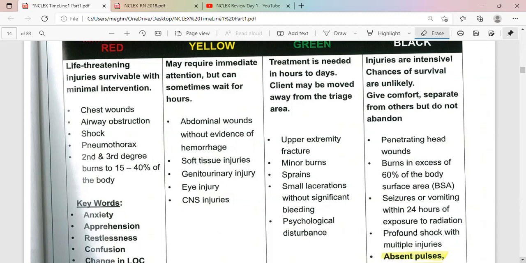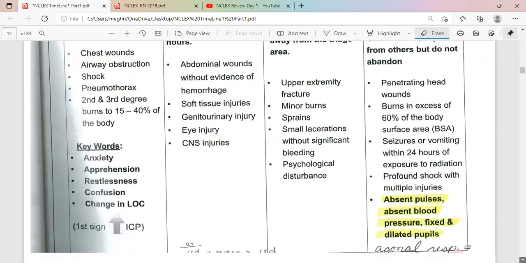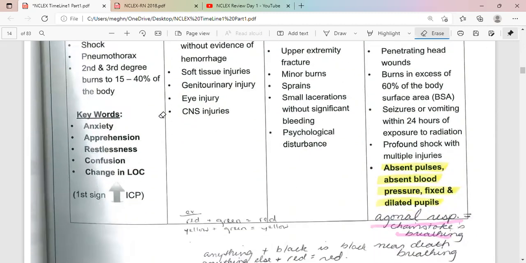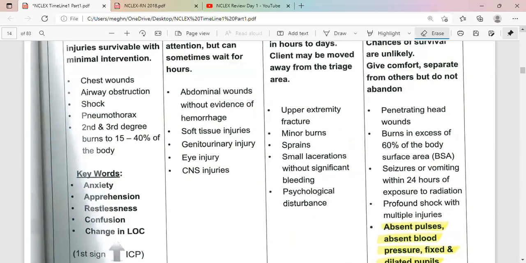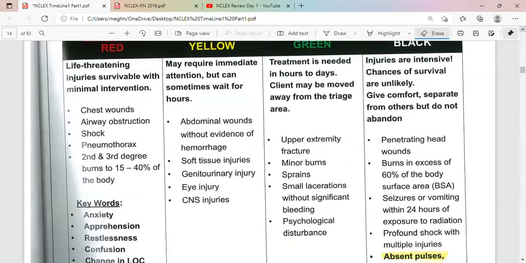So for the patient who needs immediate care, the keywords related to this are anxiety, apprehension, restlessness, and confusion, which are common. Also, we will check the level of consciousness, right? Also, we will check the intracranial pressure. What are the common signs and symptoms that indicate the cranial pressure is going up?